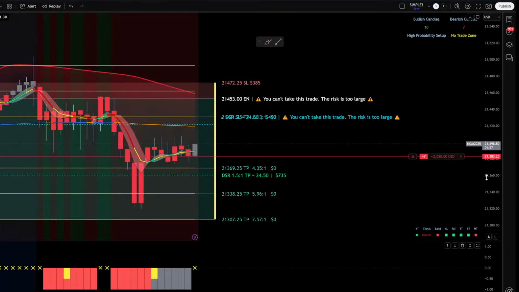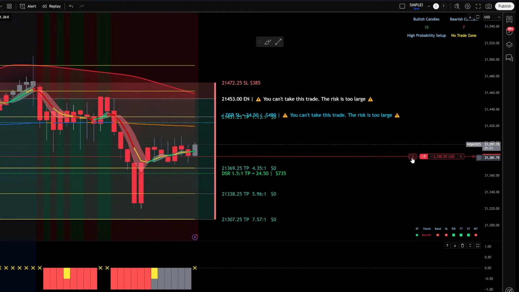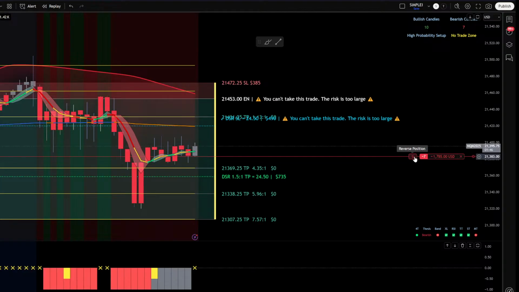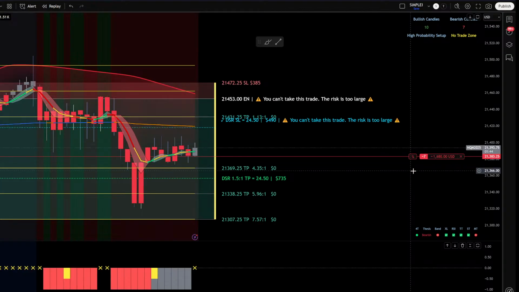If it breaks 50, then I flip the order and we go long. So let's go ahead and do that. Once it breaks 50, I have to flip the order. Never mind the dollar amount here. It is absolutely irrelevant, right?